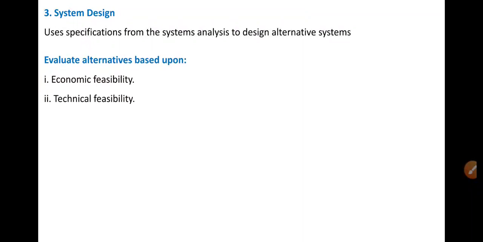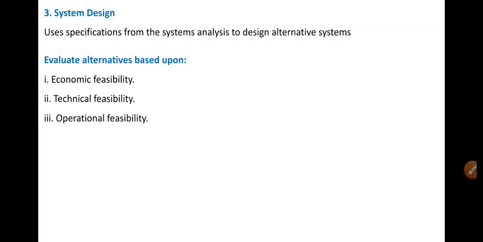And secondly, he has to consider technical feasibility, which means whether reliable technology and training are available in the organization. That has to be thought of, and that specialist must go through this technical feasibility also while designing the information system.